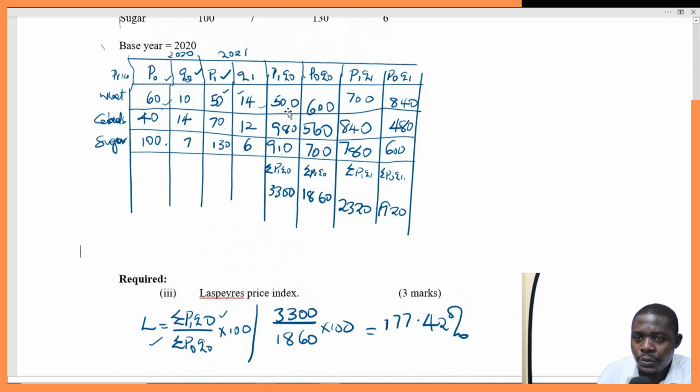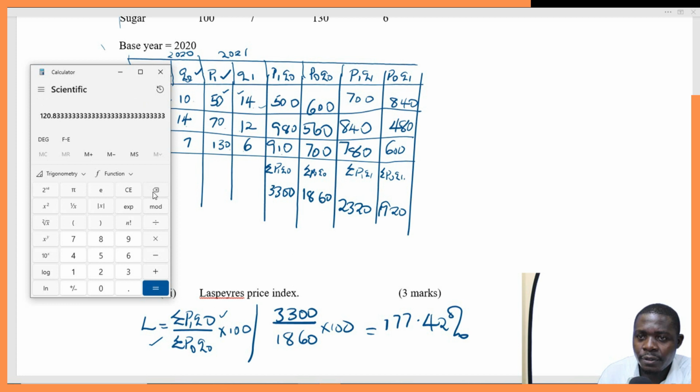Let me try to redo a column. Let me just add this one to verify the figures for P1 Q0. Just want to confirm accuracy. 500. We add 980. We add 910.